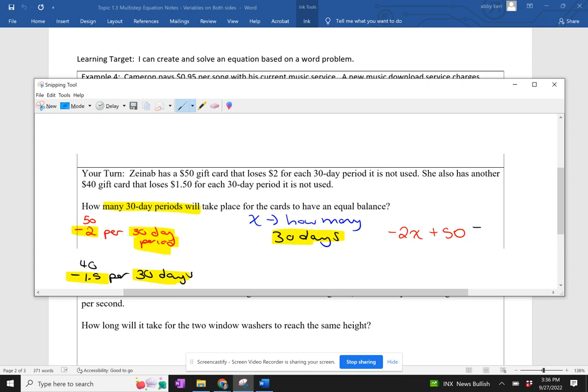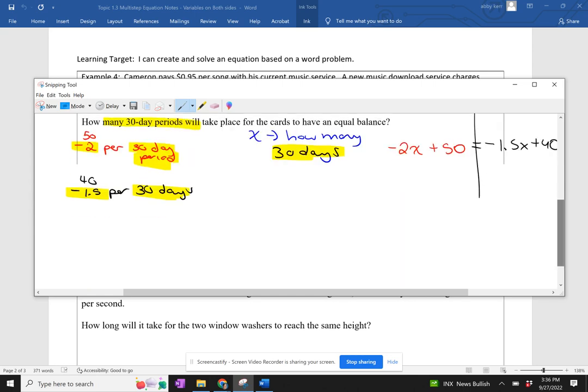And then it's going to be equal to -1.5x plus 40. Now we've got to solve for x. We have adding 1.5x to both sides. We're going to have negative 0.5x. And then we have that total.